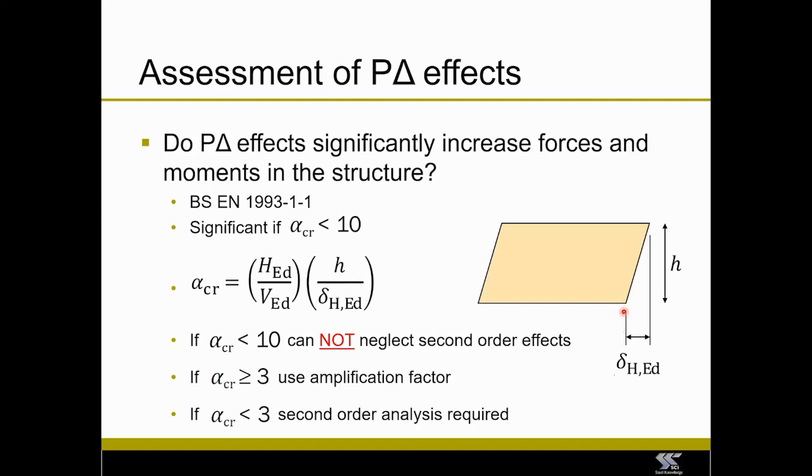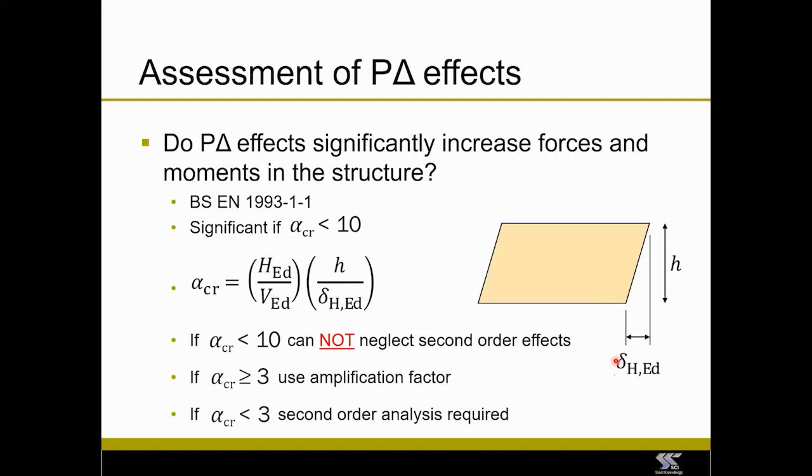So the difference between the base of the column to the top of the column, that horizontal sway, is what alpha crit is dependent upon.